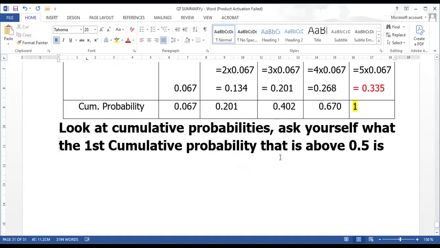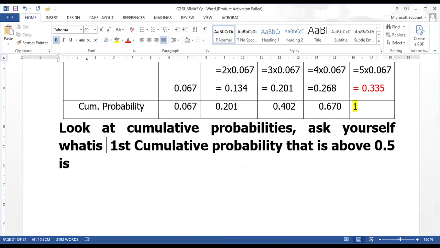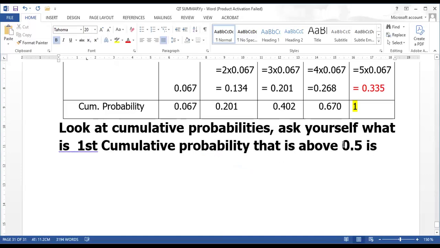The first probability that is above 0.5 will help you to know the median.